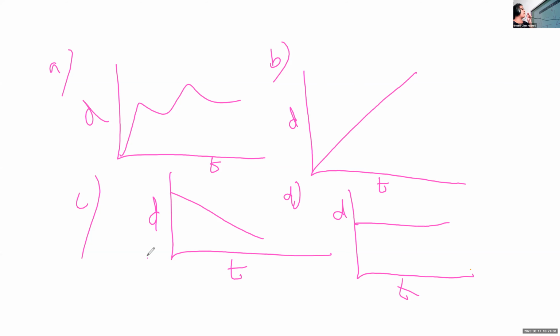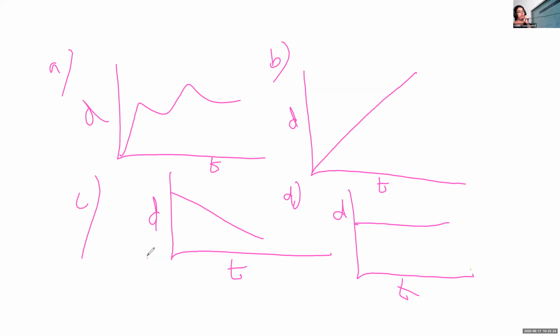Which type of graph represents uniform motion here? Lena, are you there? Yes, ma'am. Tell me. B. Which graph represents uniform motion in these four graphs? B. Okay, children, I agree with all of you.